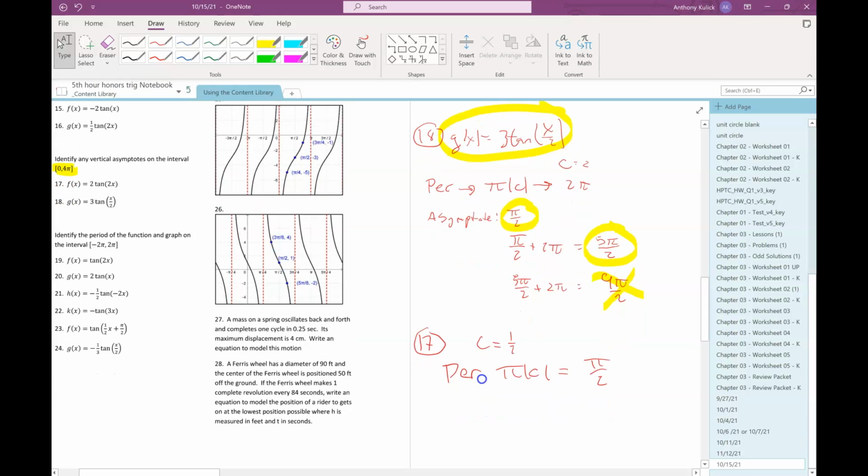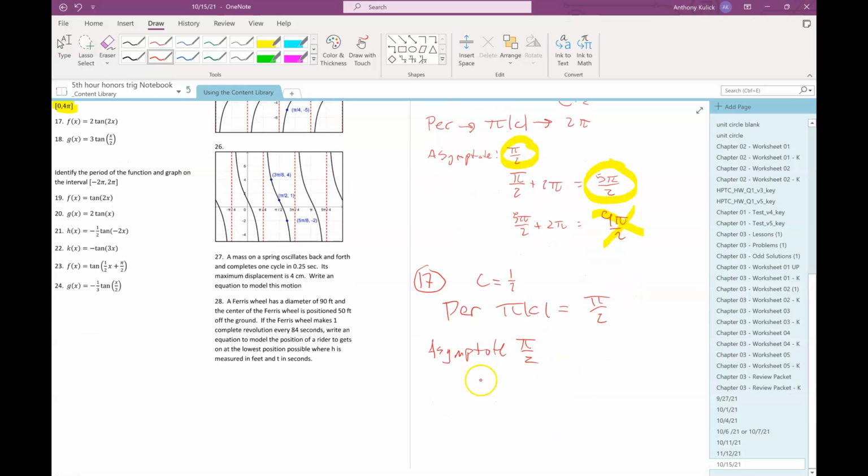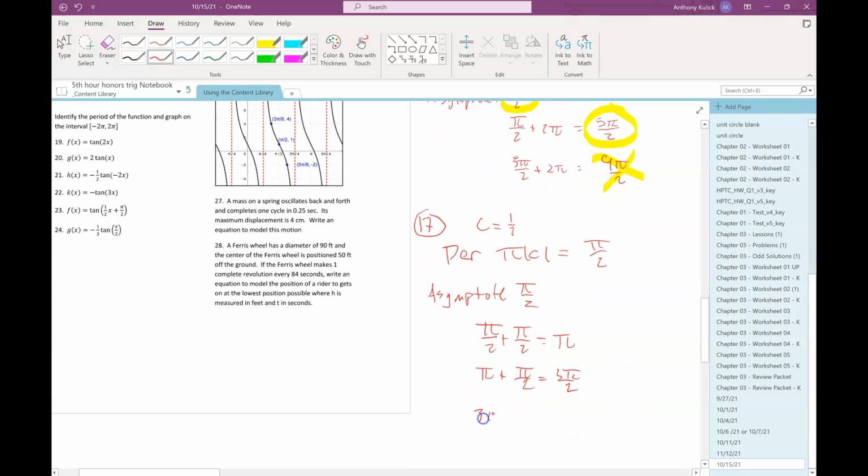Again, there's no horizontal translation to worry about, so our first asymptote is just at pi over 2. Then our second one is going to be pi over 2 later from that, and then pi over 2 after that one, and then pi over 2 after that one. And you can kind of see where this is going, right?